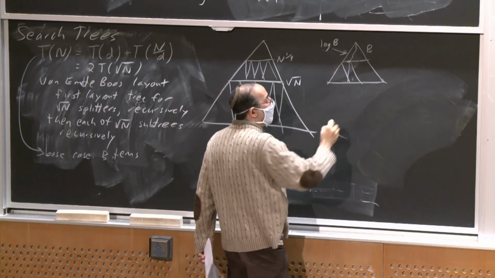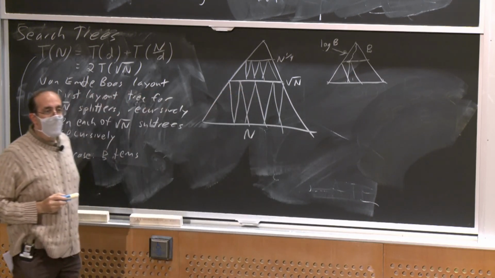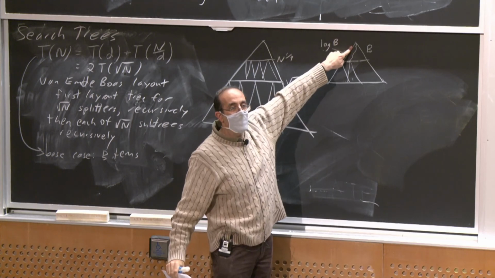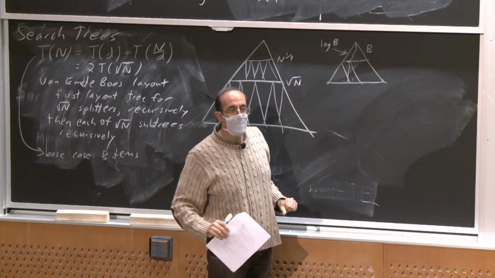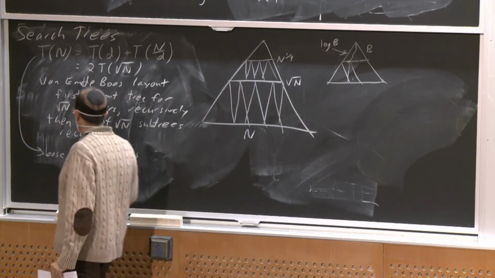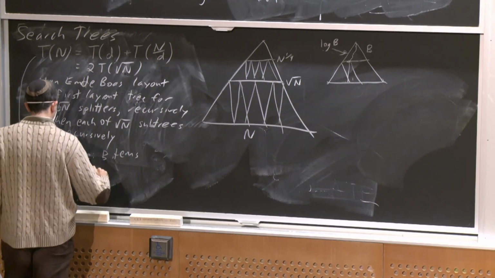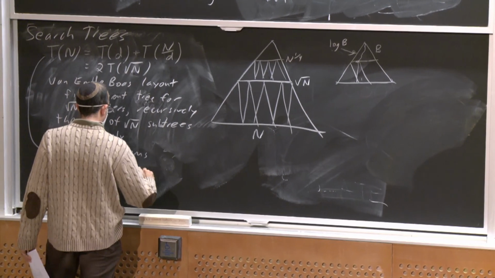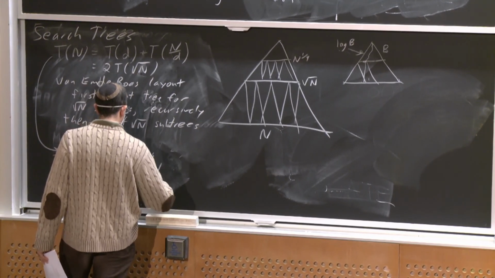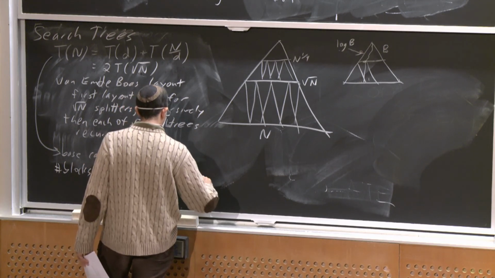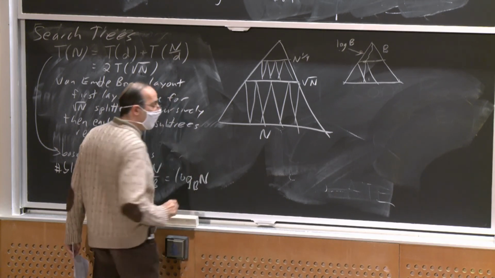Now, the total depth of the tree is log n, but you only need to read a new block every log b steps. So the number of blocks read is just log n divided by log b, which of course is equal to log base b of n.